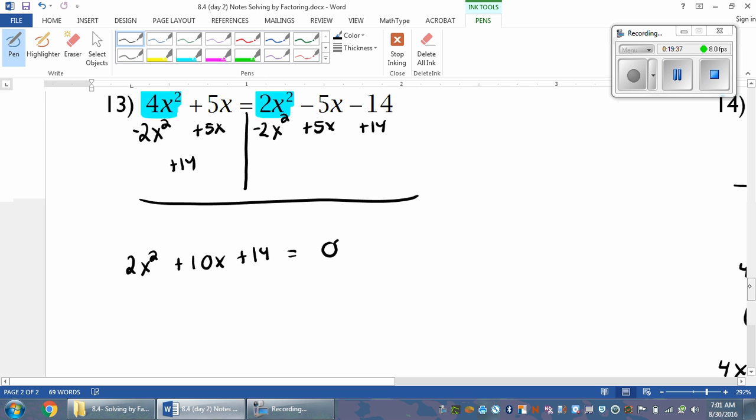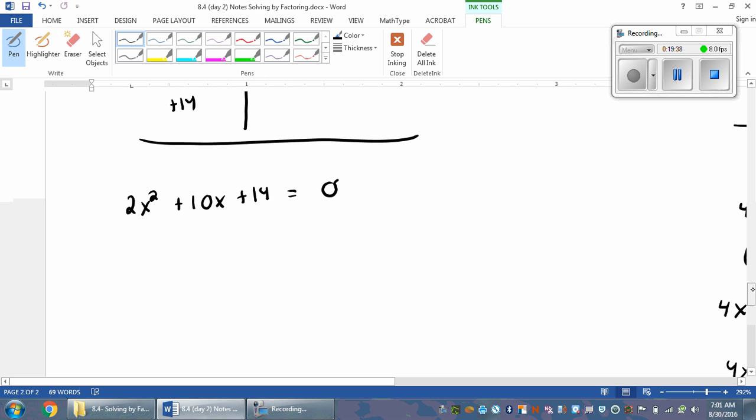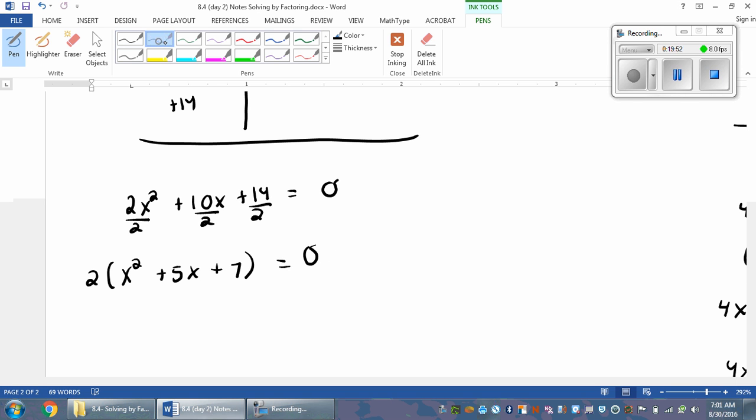Always stop for a GCF. And if you notice, everything is divisible by 2. So with the 2 out in front, I'm left with x squared plus 5x plus 7 is equal to 0. Always check to see if you can factor further, x and x, 1 and 7.